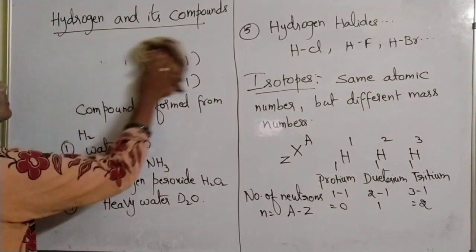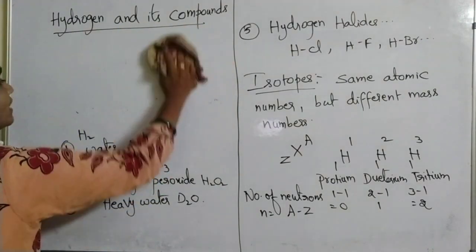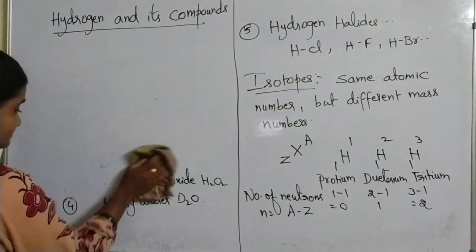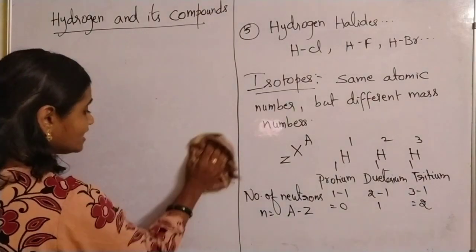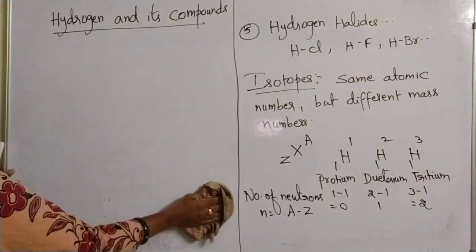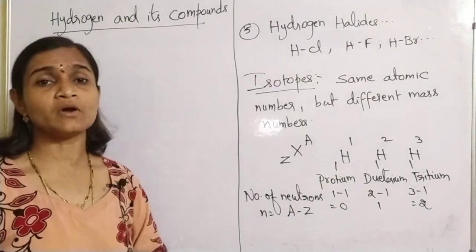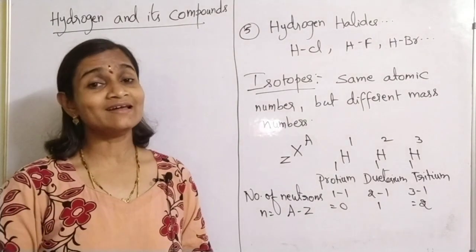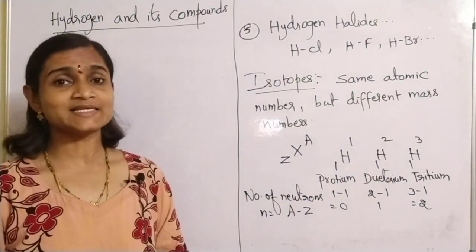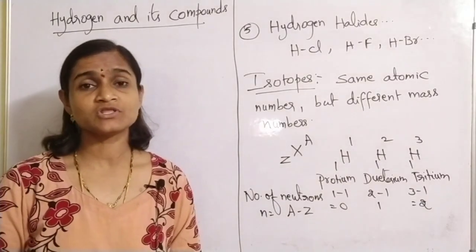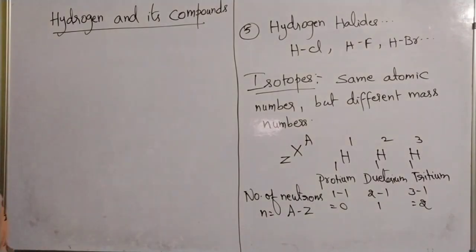Okay, so now we will come across the different properties exhibited by hydrogen. If you go for the physical properties, hydrogen is a colorless, odorless and tasteless gas. It does not have any odor, does not have any color, and it's a tasteless gas.